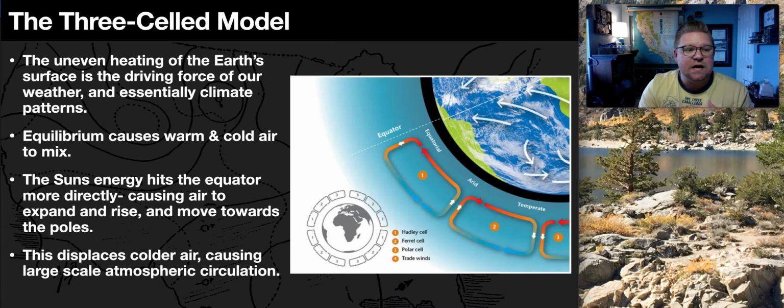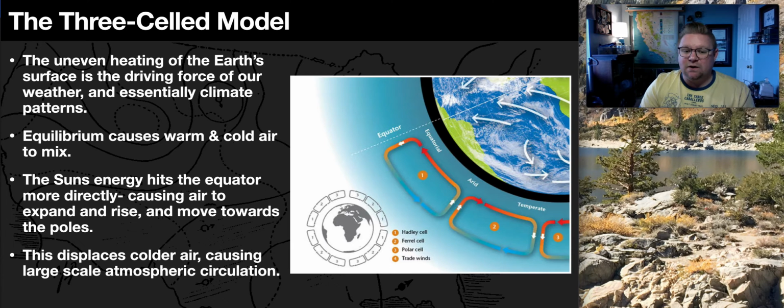Because of equilibrium, the balance of hot and cold, we have this motion and movement of warm and cold air that will continue to mix. As I say here in the presentation, the sun's energy hits the equator more directly, causing air to expand and rise, moving towards the poles, and because of that motion of air, it displaces other parcels of air and causes them to move.